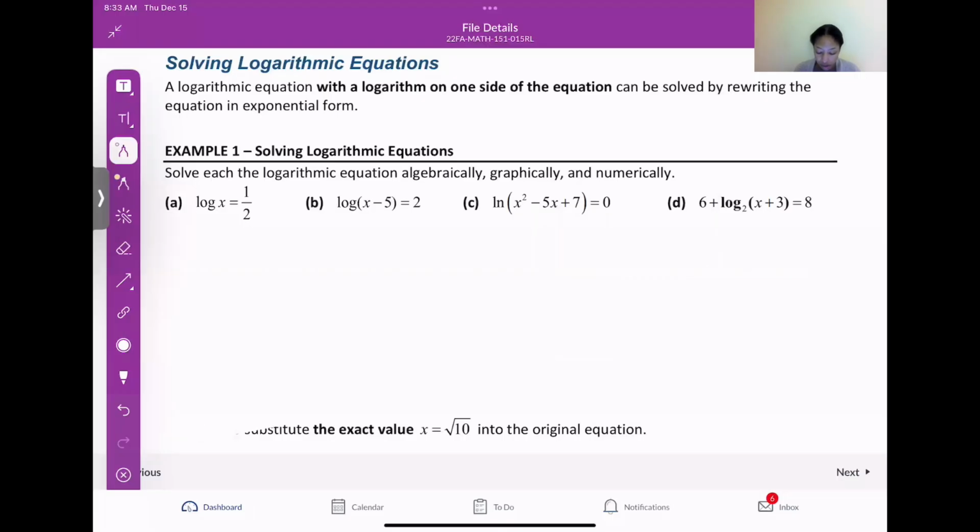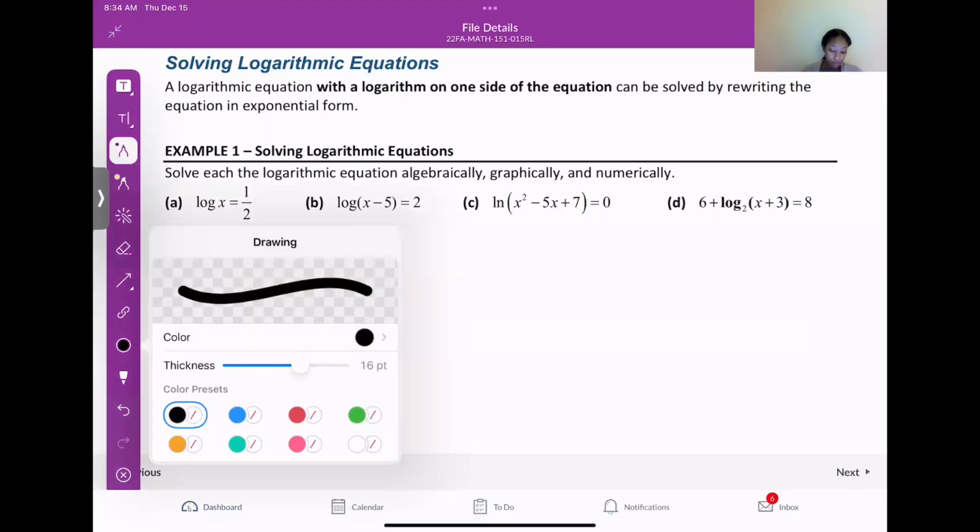So we only have logs on the left-hand side of the equation, and we have a number on the right-hand side. When our logarithmic equations are in this form, all we have to do is convert to exponential form and then solve the resulting equation that we get.